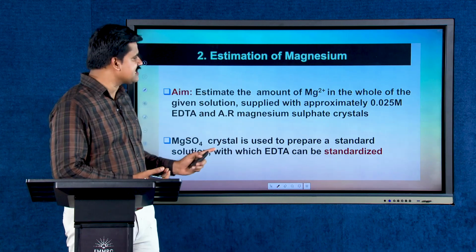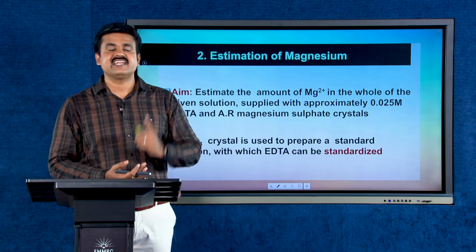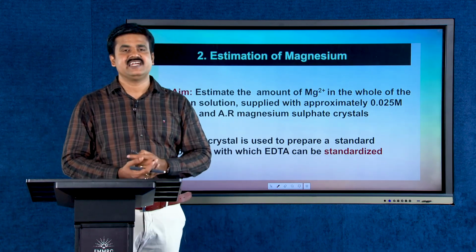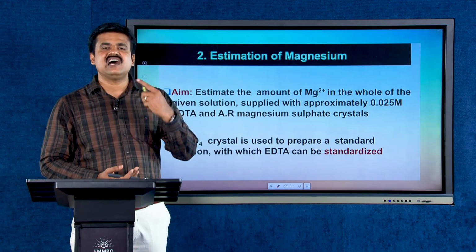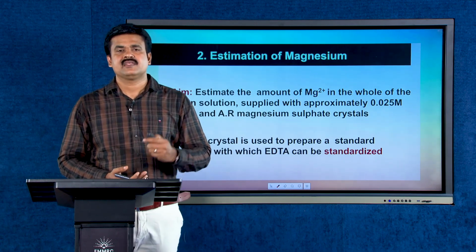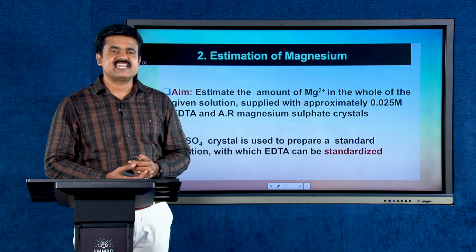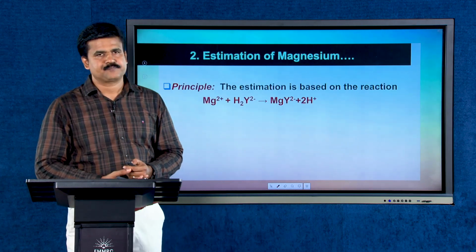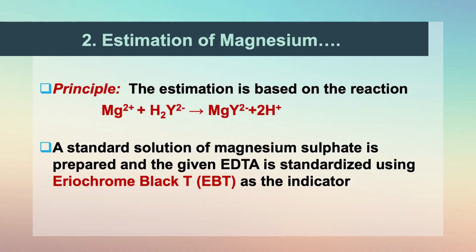Magnesium sulfate crystal is used to prepare a standard solution since it is a primary standard which reacts with EDTA, and this enables the standardization of EDTA. The estimation is based on the reaction: magnesium 2+ plus H2Y2- gives MgY2- plus 2H+.